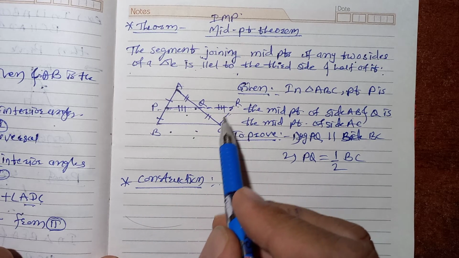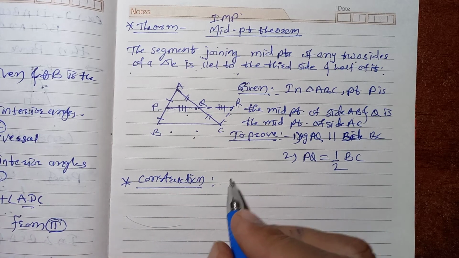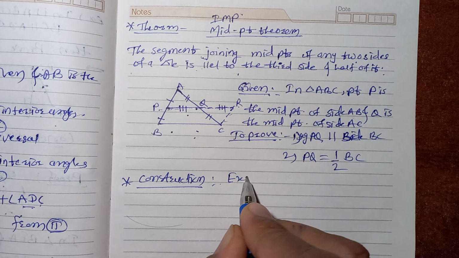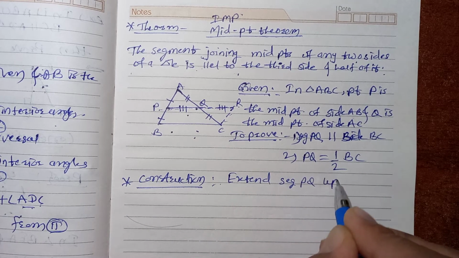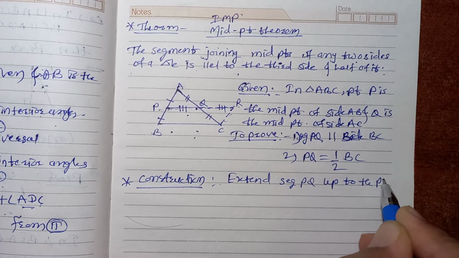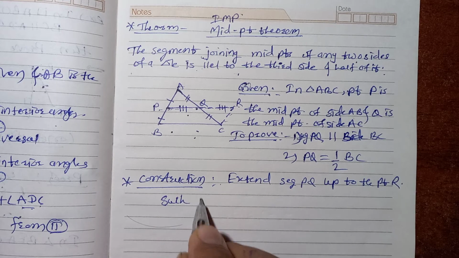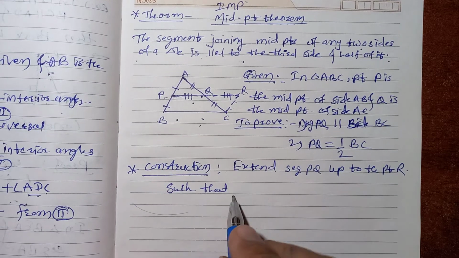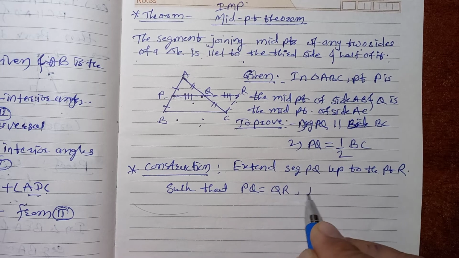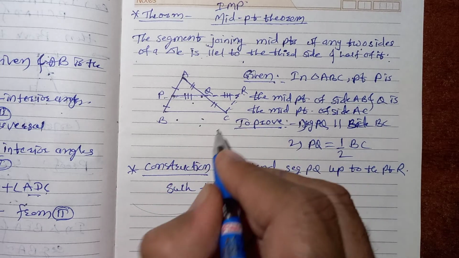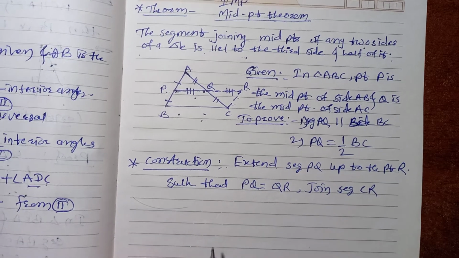Afterward, what you have to do? Join CR. You write that construction. What done? Construction you done here. Extend segment PQ up to the point R such that this PQ is equal to QR. Then after that what? Join segment CR. Okay, this is constructed part.